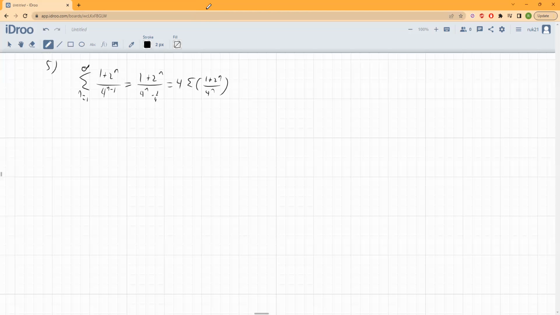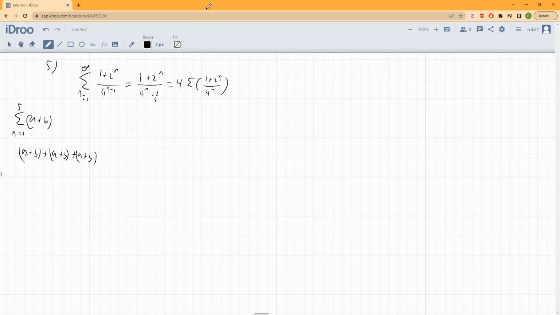And again, the reason you can do this is because if you have the sum of a plus b, and you continuously add a plus b, say for n equals 1 to 5, so we have 5 terms, then you're going to get a plus b plus a plus b plus a plus b, and so on.